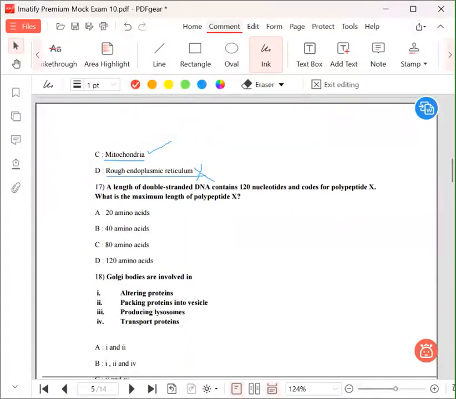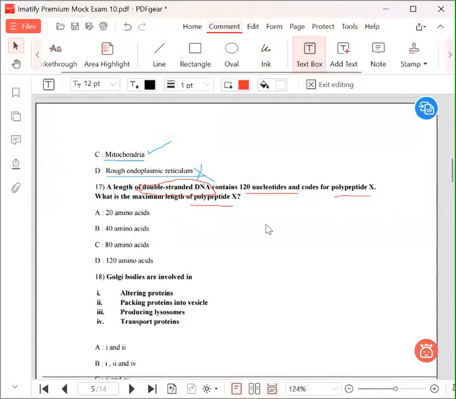Next question. A length of double-stranded DNA contains 120 nucleotides. For polypeptide X, what is the maximum length? As we know, each polypeptide is made up of amino acids.